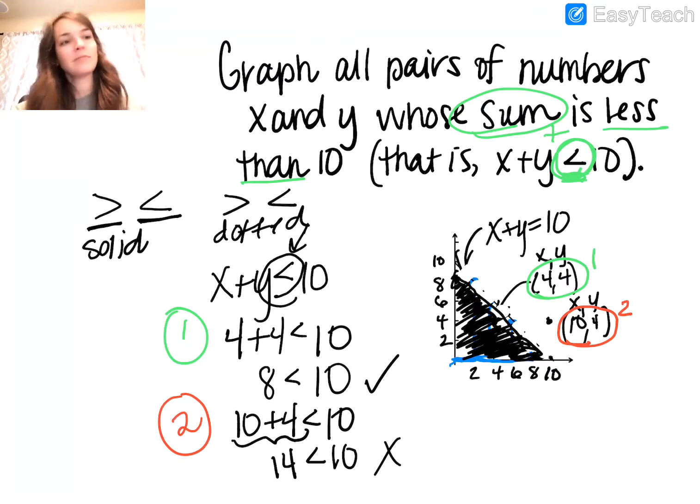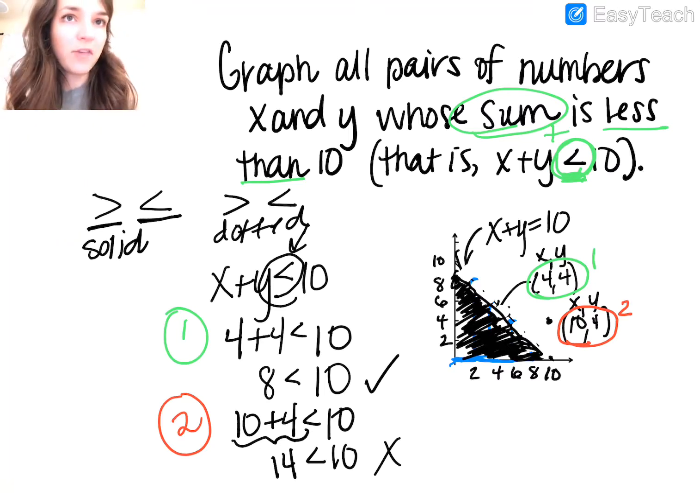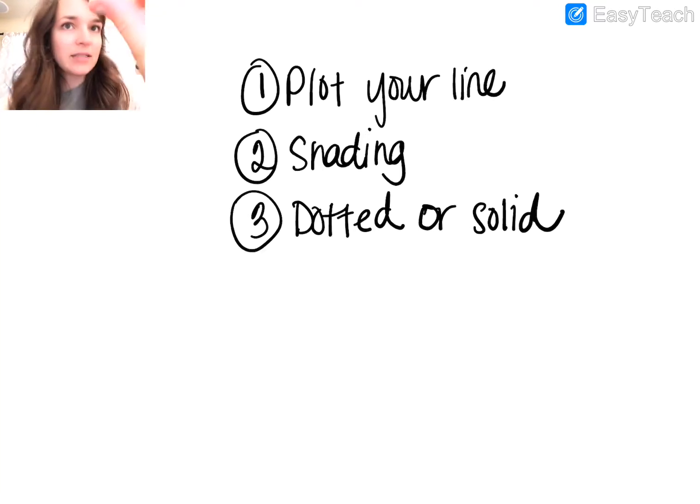Okay, all right, so those are the three main things. Let's look at the list version of those so that you guys can see. So if we flip on over, there we go. You want to plot your line, step number 1, which is what we did. We found those points and connected them. Step number 2, you figure out your shading. How do we do that?